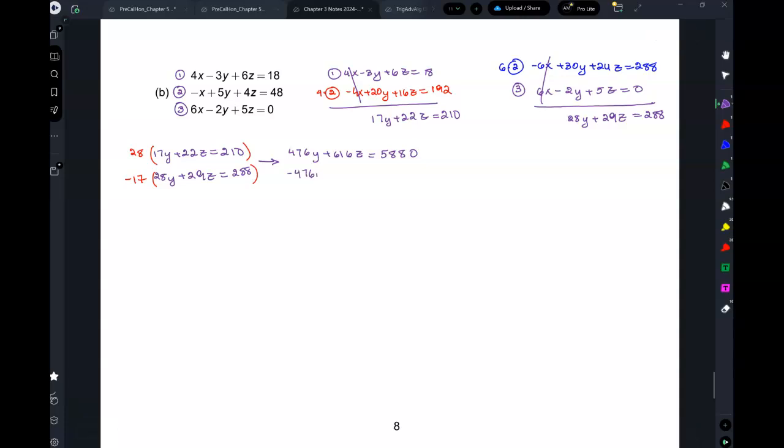And then negative 476y minus 493z is negative 4,896. I know. Okay. 123z equal to 984, so z is 8.